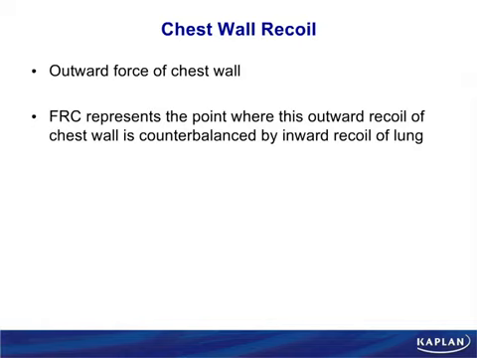That's what creates FRC. Breathing in itself doesn't affect FRC. It's the recoil forces that determine FRC. So you can immediately think pathologically: if I change the recoil force of any of these, then that's going to change FRC. More on that when we get to pulmonary function testing.